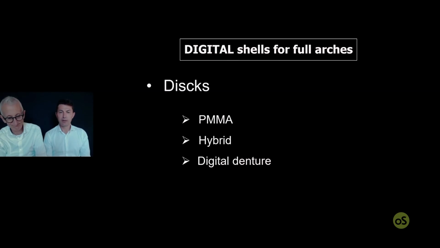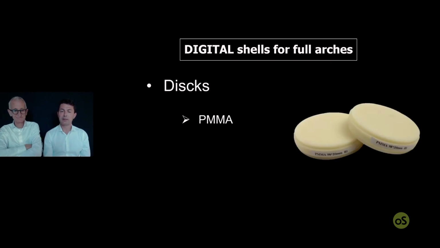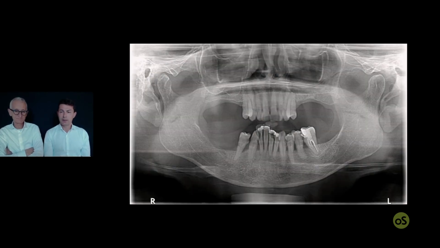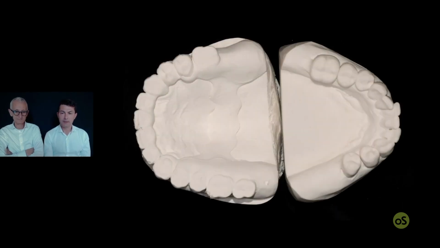Okay, we have a disc made of every material for sure, and in this case we have a lot of cases with a PMMA hybrid or digital denture. The first case is PMMA. It is a lower restoration with the traditional approach, the study cast of the patient.